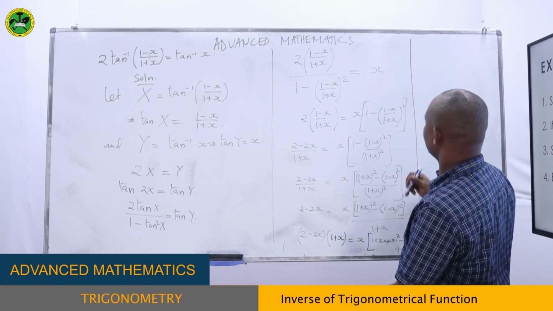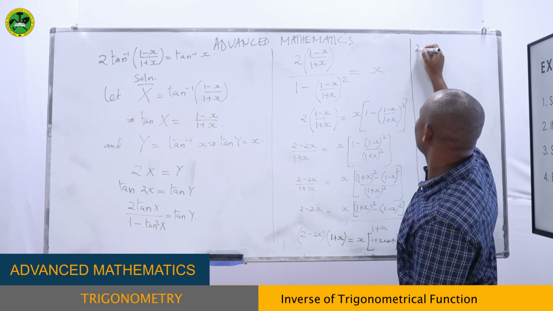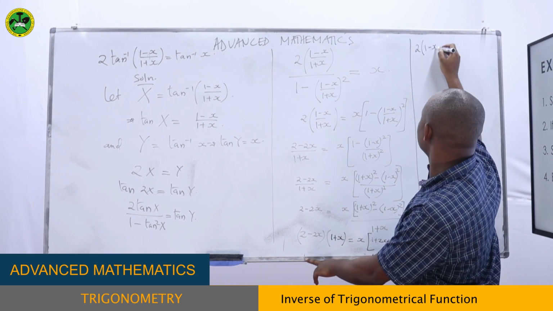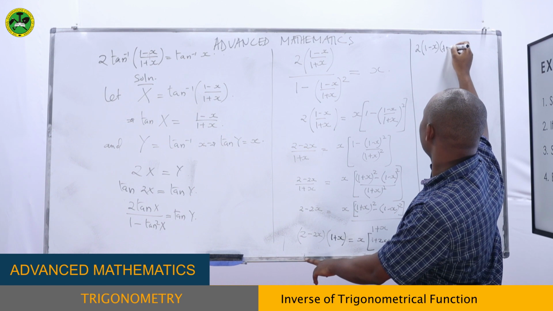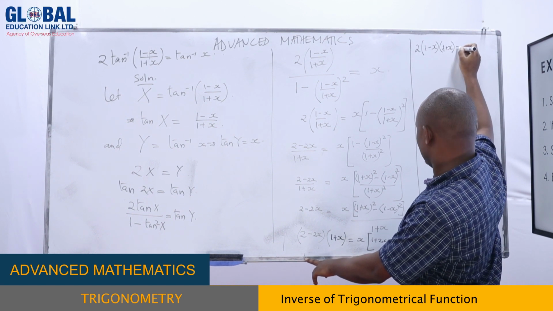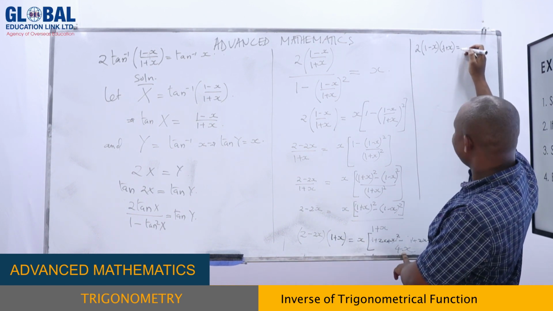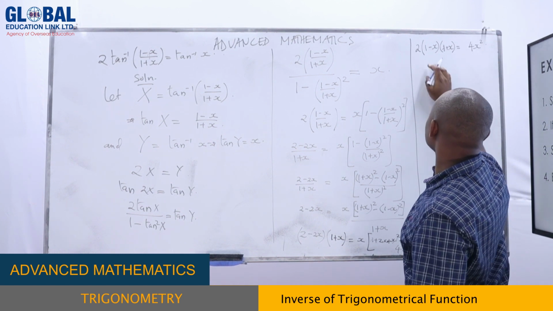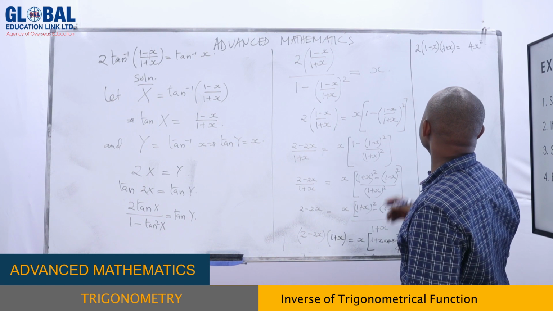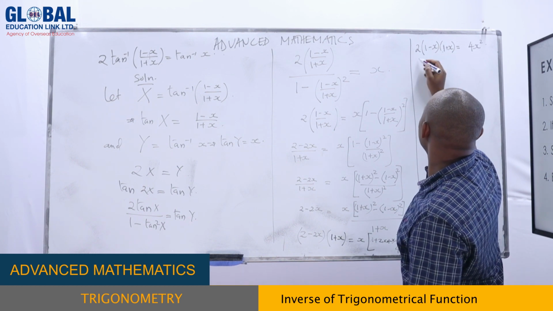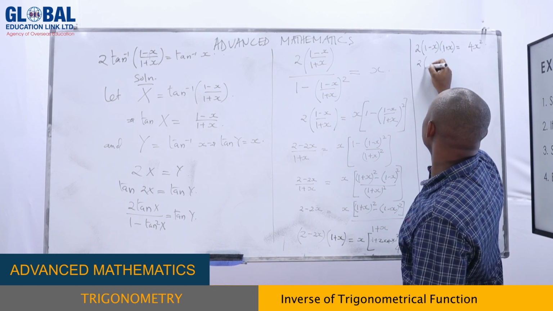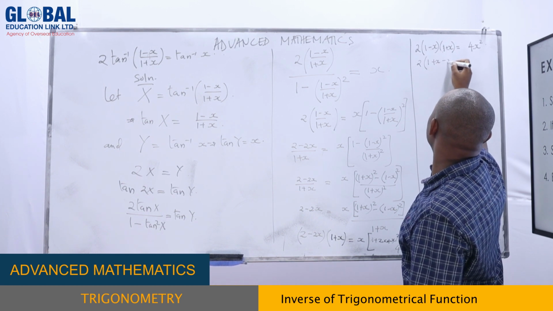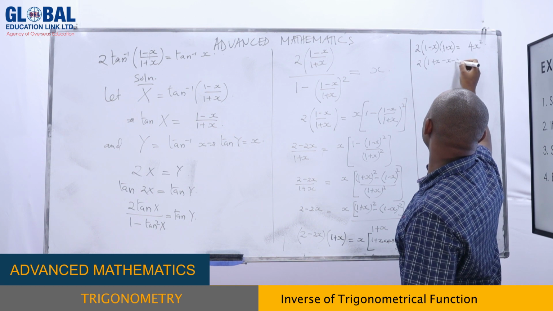That is to say, on this side, for example, we can put 2 like that. Then we shall have 2(1 − x)(1 + x) equals to x times 4x, which is 4x². If you try to open that, you will see that we have 1, we have x, we have −x, we have −x².